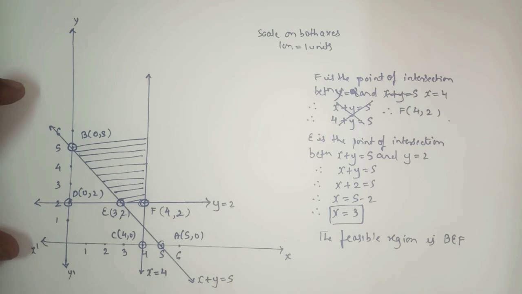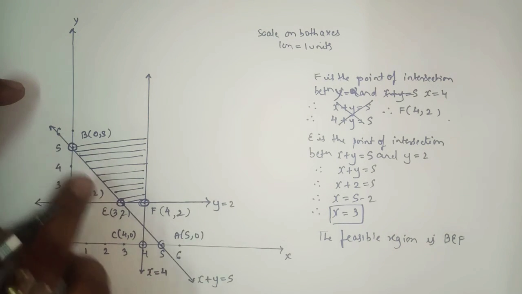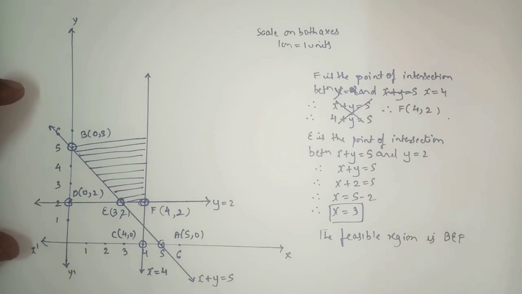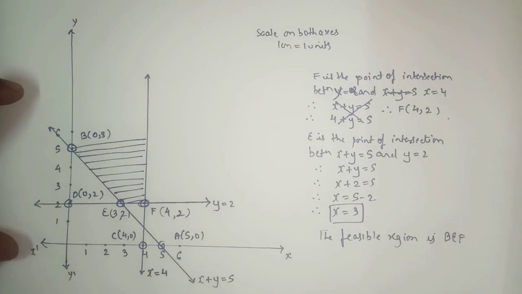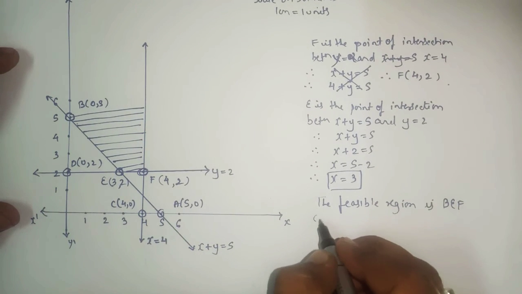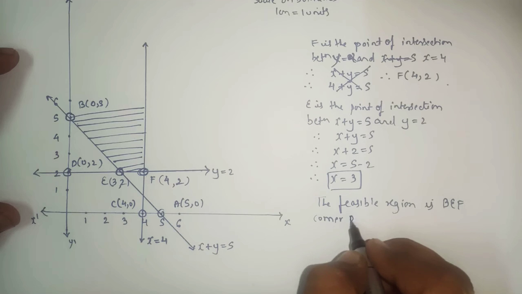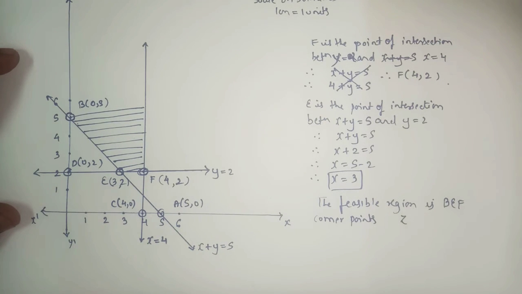Right now we are getting 3 corner points. So with respect to this, now we'll find our minimum value of z. We'll prepare the table with respect to the corner points and find the value of z.